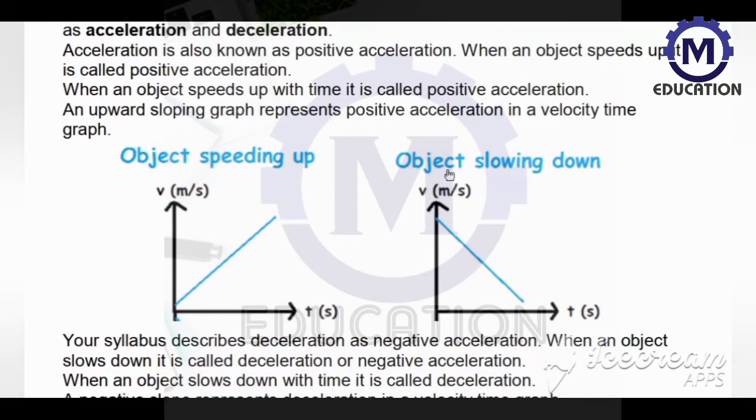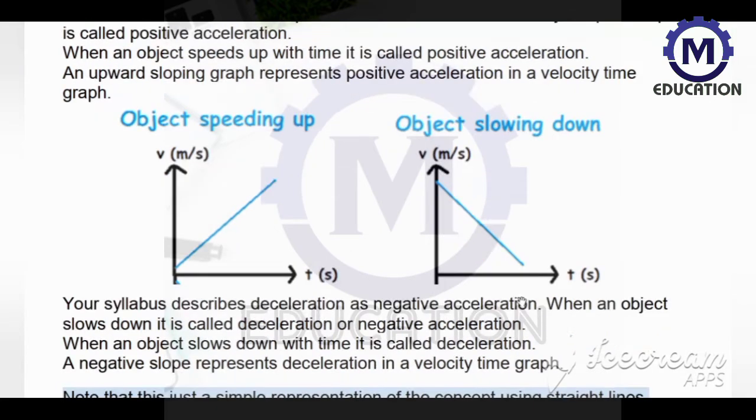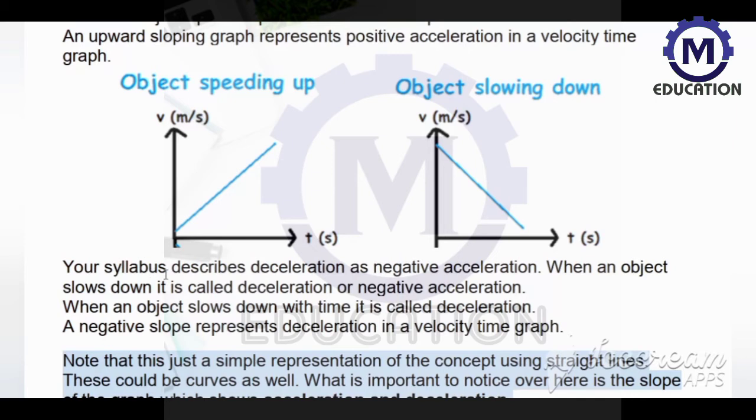Similarly, when an object is slowing down, its velocity with respect to time is decreasing. This is negative acceleration. In your syllabus, it is described as deceleration or negative acceleration. When an object slows down, it is called deceleration or negative acceleration. A negative slope represents deceleration in the velocity time graph that is given here.